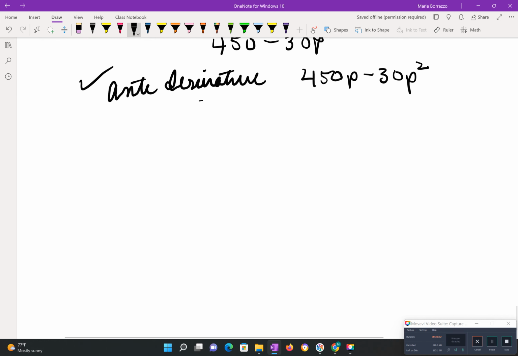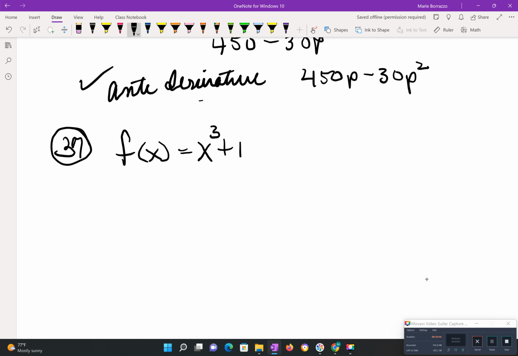Okay, let's look at 37. Determine the intervals for which the function given, f of x is x cubed plus 18x squared plus 2, is decreasing. So one of two things, you can place this into decimals, or I went ahead and found the first derivative.